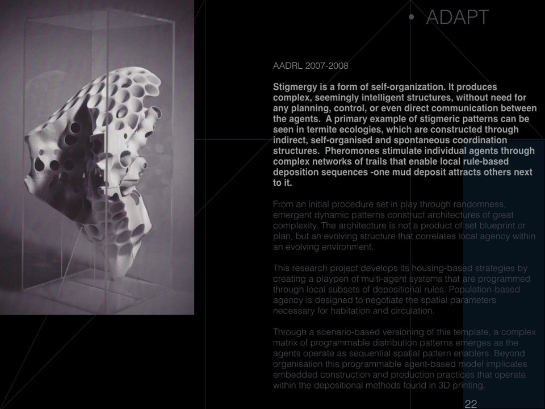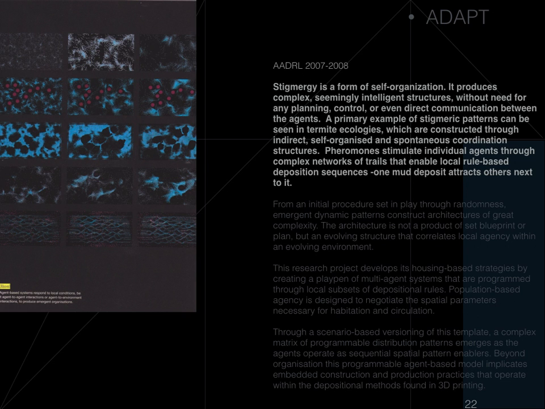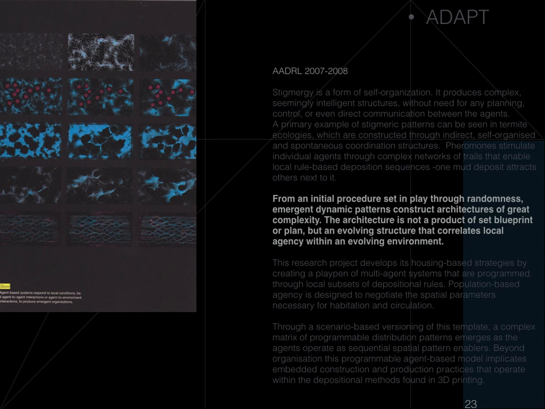This analogy to organic structure has been with us for some time, and I think it is an integral part of this subculture. He wrote that from any initial procedure set in place through randomness, emergent dynamic patterns construct architectures of great complexity.